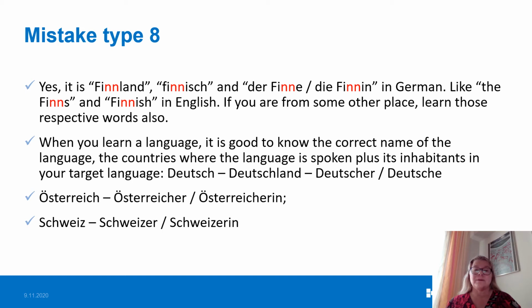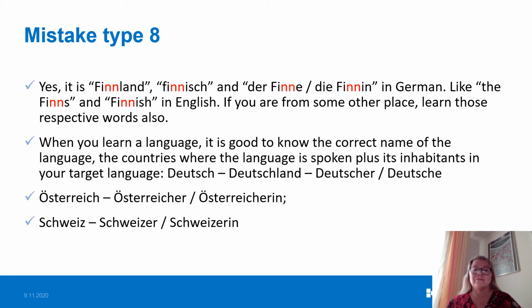Yeah, and type number 8. Yes, it is Finland and Finnish and der Finne, die Finnen in German. All of them written with two N's, like the Finns and Finnish in English. If you are from some other place, learn those respective words also. It always makes sense when you're able to say where you come from, right?